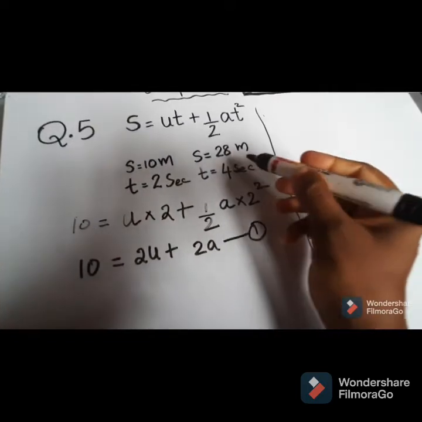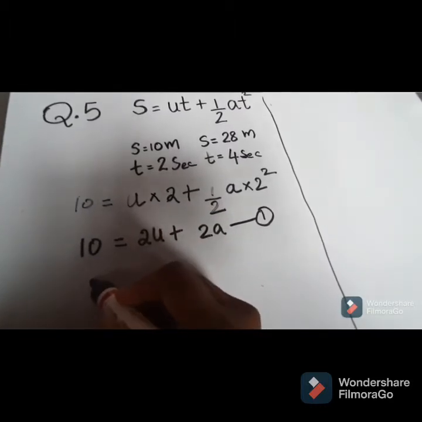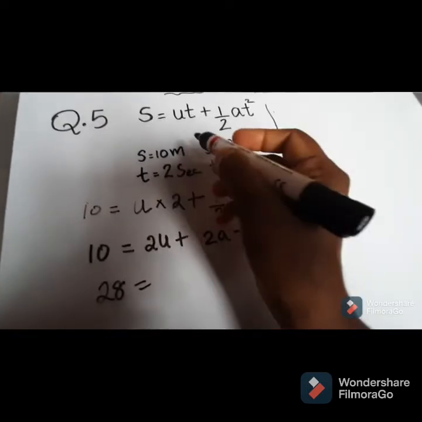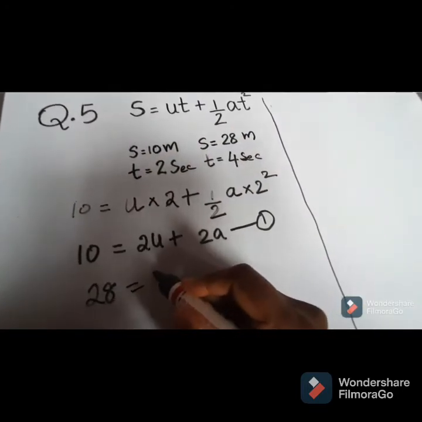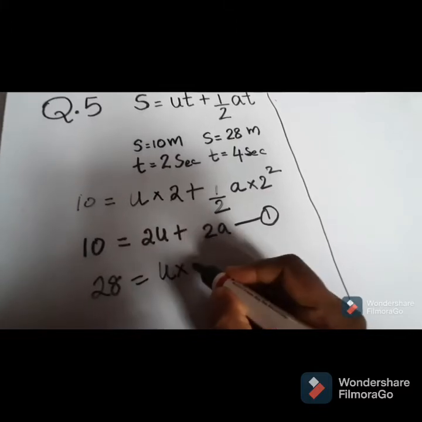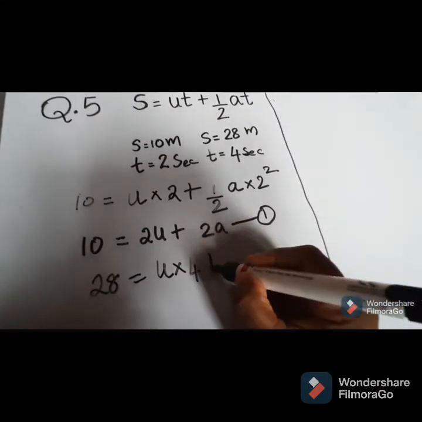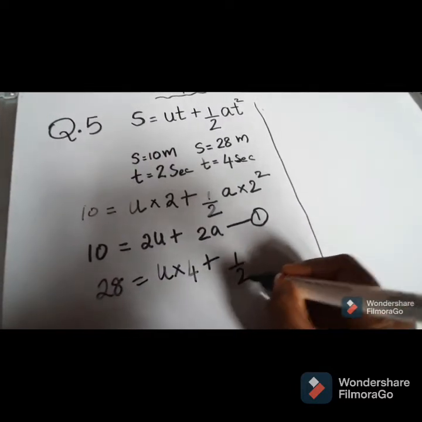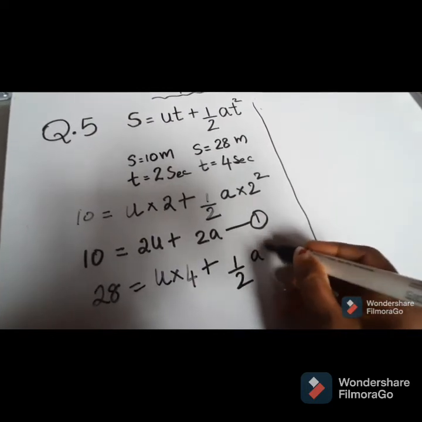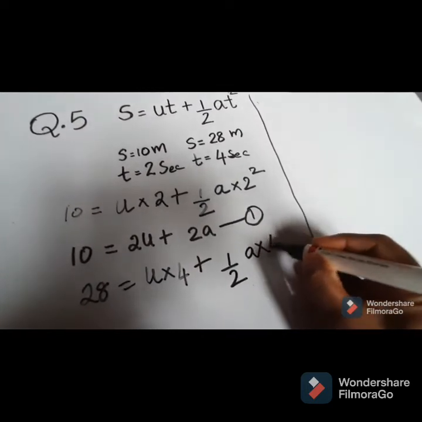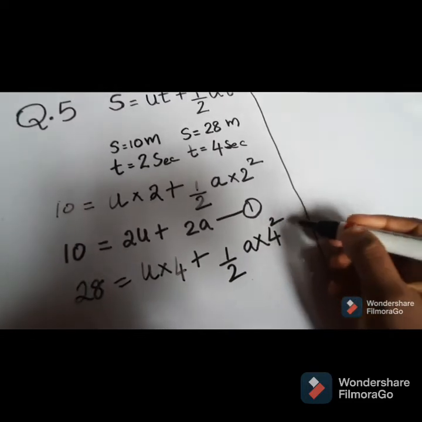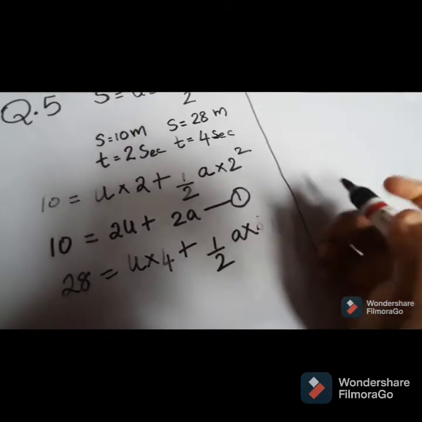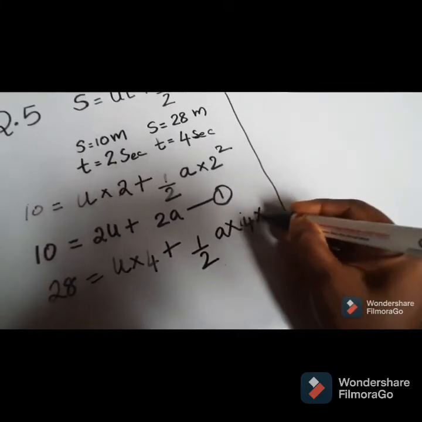Now we can use this data, that is S equal to 28. We can use this distance formula: u into t, what is time here? That is 4, plus half into a into time square. What is time? 4 seconds. 4 square, that we can write as 4 into 4.